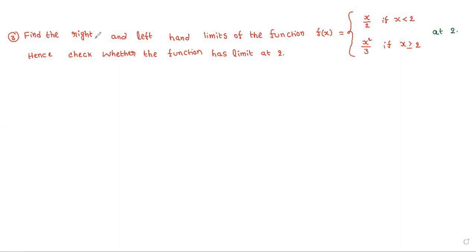Find the right and left hand limits of the function f of x equal to x by 2 if x less than 2, and x square by 3 if x greater than or equal to 2, and hence check whether the function has a limit at 2.